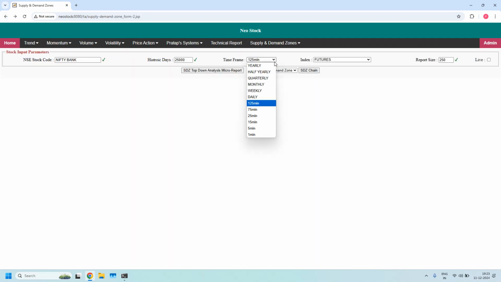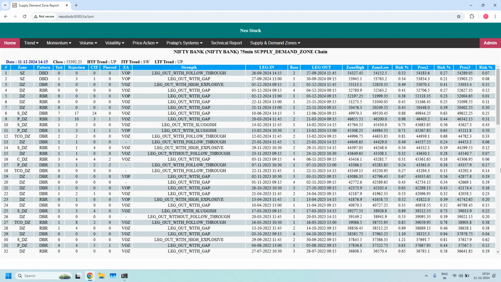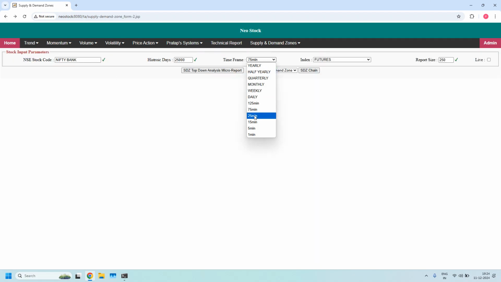Next, 75-minute supply demand zone chain for bank nifty. Next, 25-minute supply demand zone chain for bank nifty.